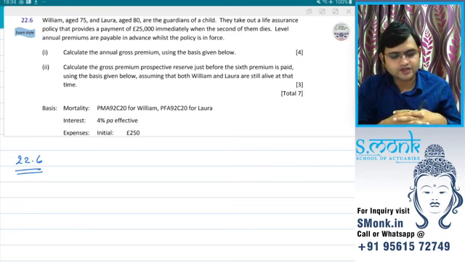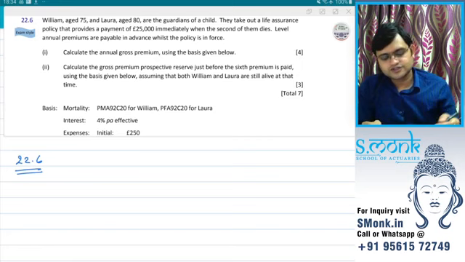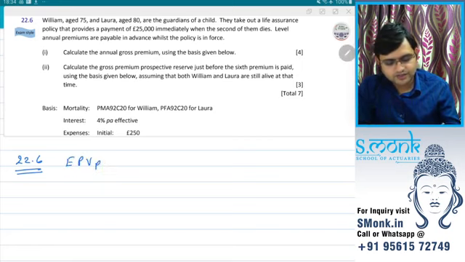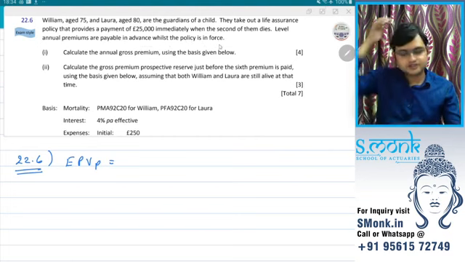So first let's calculate the premium. Here we have an assurance policy, so we'll say our expected present value of premium first. They are saying premium is payable in advance whilst the policy is in force. So till when is the policy in force?